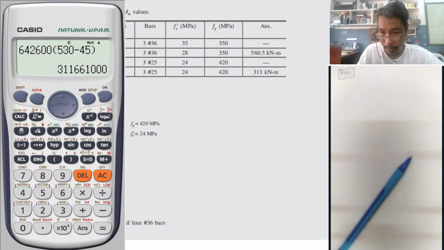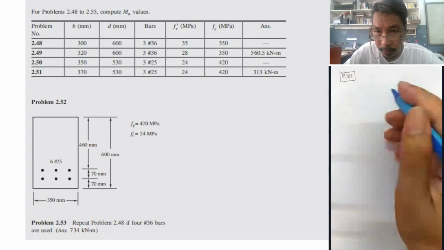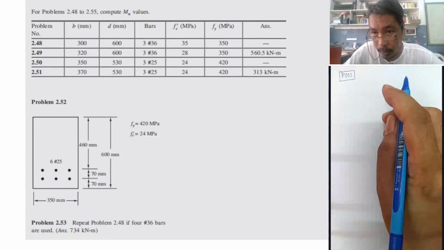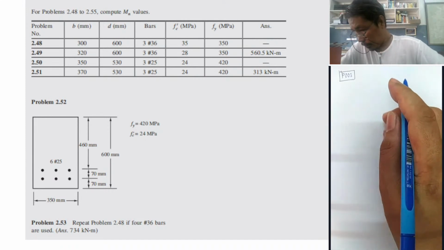We have a given sketch, so it's better. Okay, so problem number 3, we have a given sketch, and still we are going to find Mn from this figure.